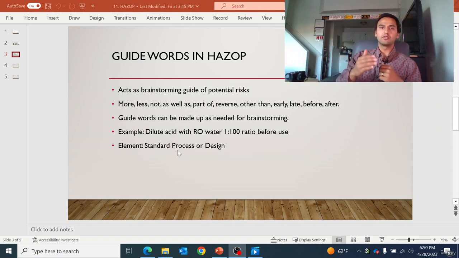Cut the rubber band in length of 10 centimeter using this machine. Now, what guide words, sorry, I'm saying guess words, but it's a guide word, does is it helps you brainstorm what if the rubber band is more than 10 centimeter. That would be what if the rubber band is 11 centimeter. So that's a deviation right there.